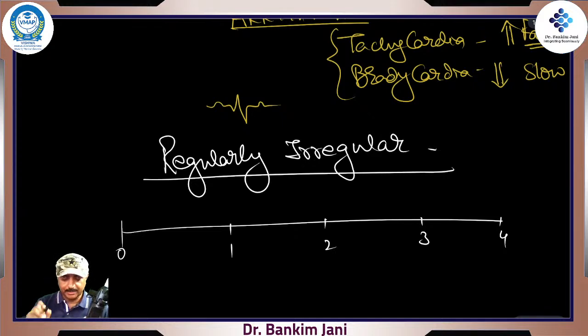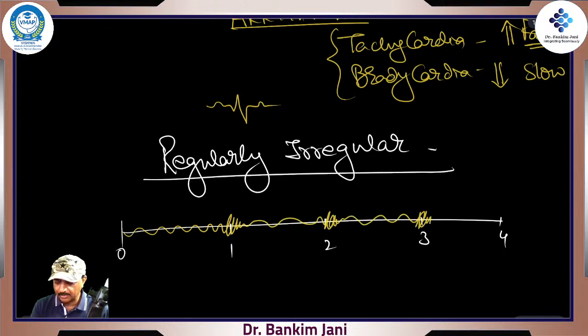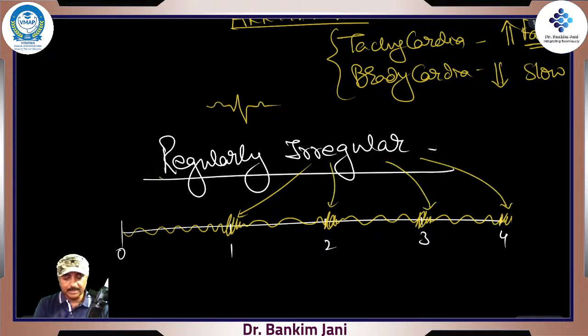And things are going like this: a wave which is going nice and smooth, and then something garbled, something wrong, something wrong. This is irregularity. And it is occurring at a regular pace, regular time. So this is called regularly irregular, right?